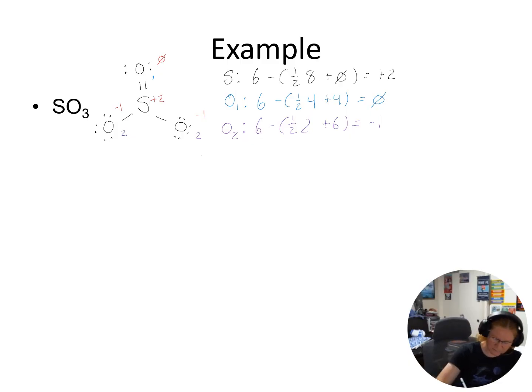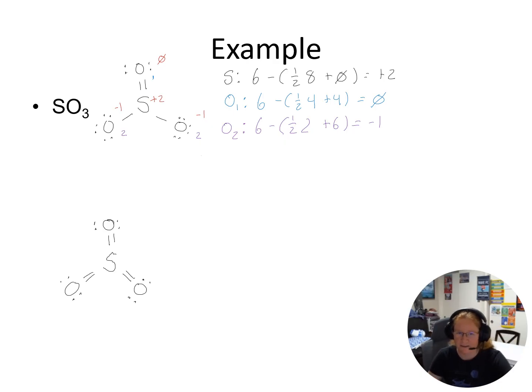What if I did this, though? But wait, Professor Stanfield, sulfur has 12 electrons around it. We can't do that. Yes, we can.